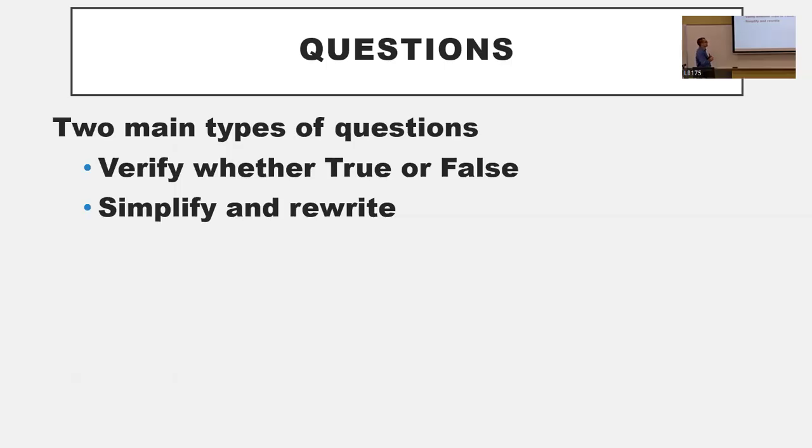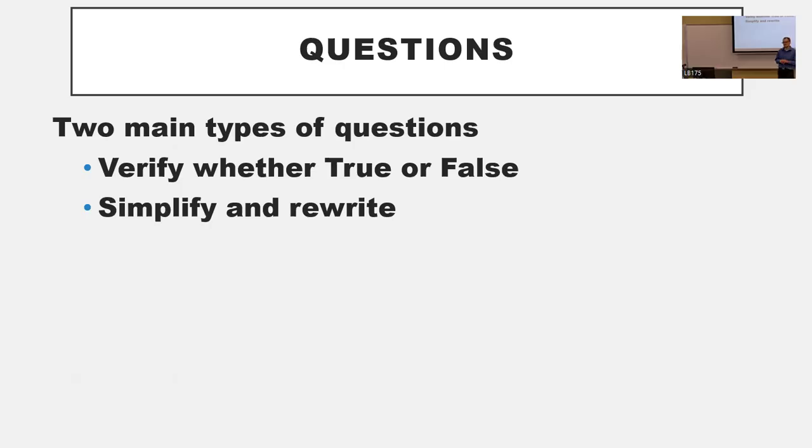The two types of questions that will be asked most often are to verify whether an equation is true or not, and to simplify and rewrite it. Whenever we do this, either verify an equation is true, we'll assume denominators are not 0.